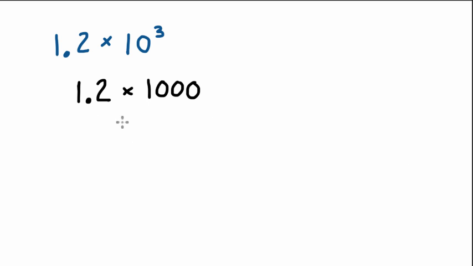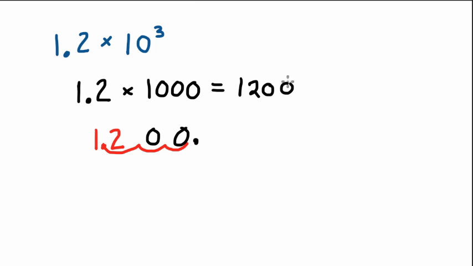And so how this moves is, if I rewrite it down here: 1, 2, 3, we moved it 3 times, and it would be 0, 0, and the decimal's here now, so the answer here is actually 1,200. Notice that it's representative of the 1,000, right?